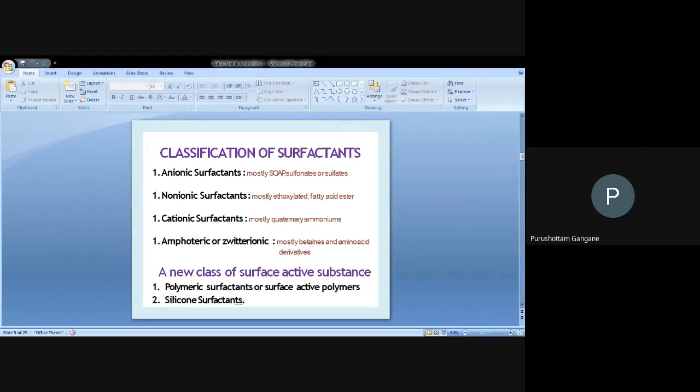Apart from their surface active activity, they also act as antibacterial agents. Because of this property, they are sometimes preferred in particular types of creams to avoid the growth of microorganisms. Some other new classes of surfactants are polymeric surfactants or surface active polymers, and silicone surfactants.